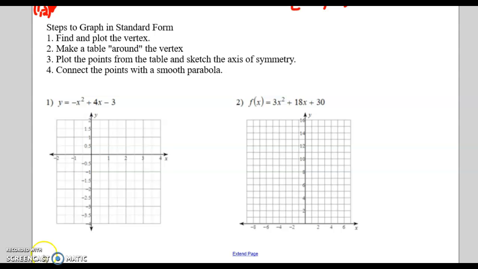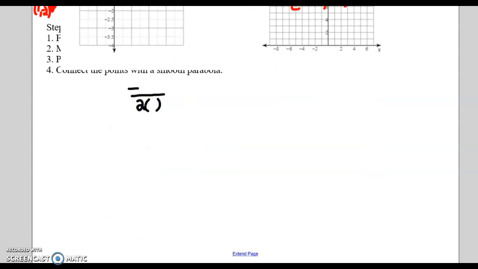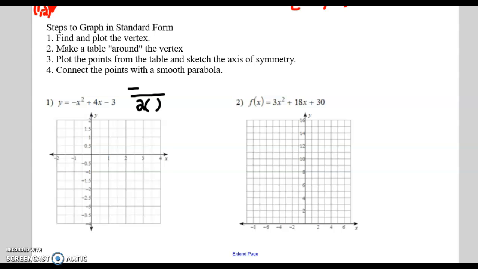So the vertex, I'll do it up here in the margin. I'm going to do negative b divided by 2a. So for us, b is 4. There's b, 4. a is negative 1. So if I simplify that, I get negative 4 over negative 2. That's positive 2. And then to find the y-coordinate, I'm going to plug that 2 into the original.